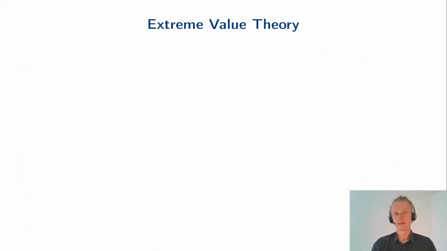So the basic idea of extreme value theory is that we are having our normally distributed world and also taking a look at the tails of our distribution.